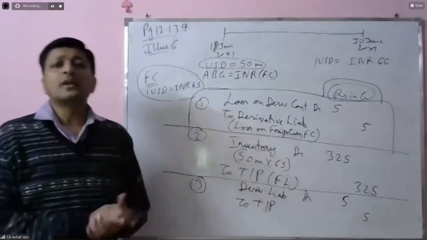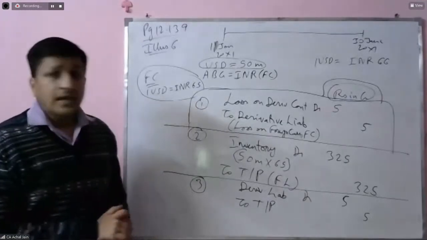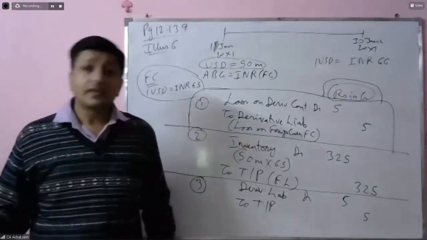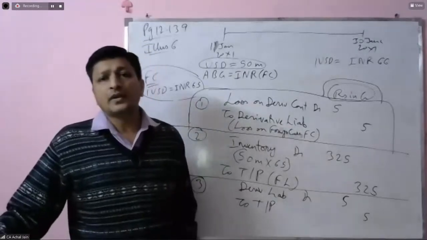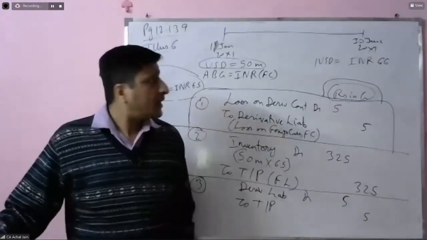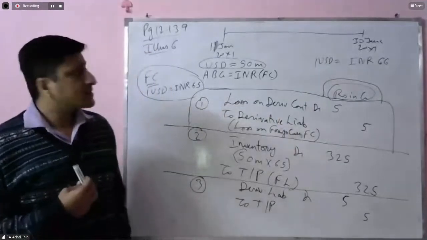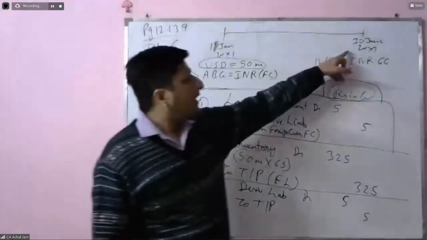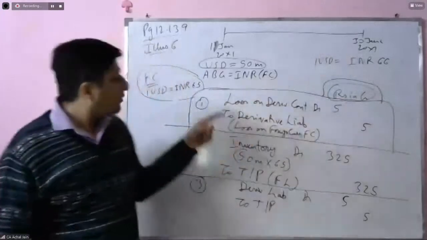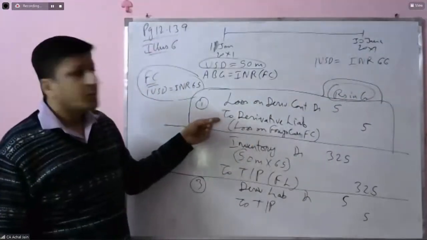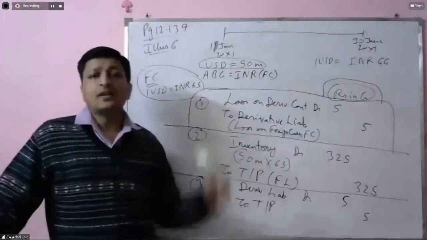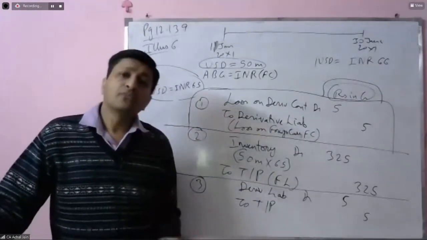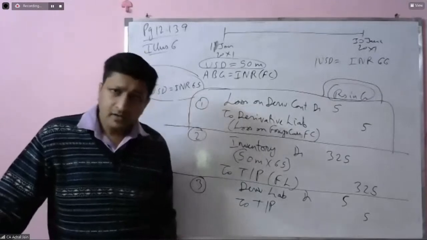And the accounting for an embedded derivative requires its fair valuation at every reporting date. What's the reporting date in our case? The reporting date in our case is 30th June. So on this date, we have computed the fair value of this embedded derivative, which has resulted in a loss of 5 crore. Clear?